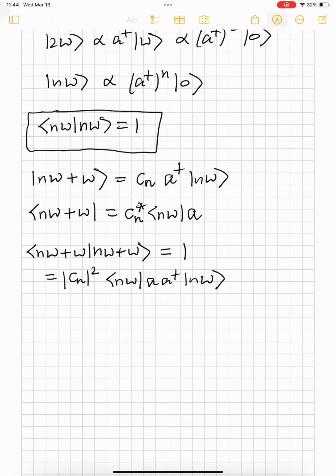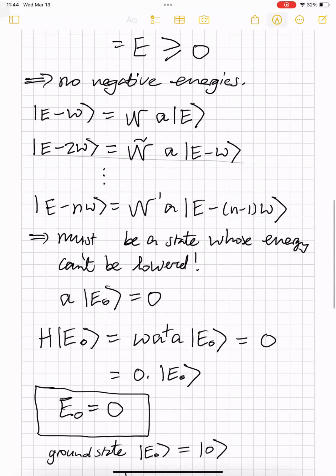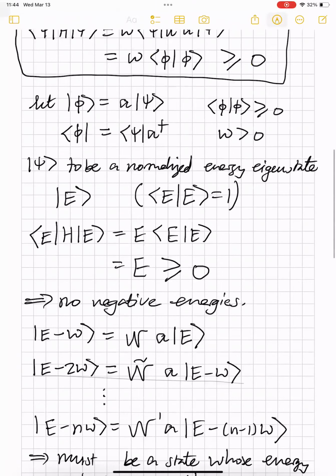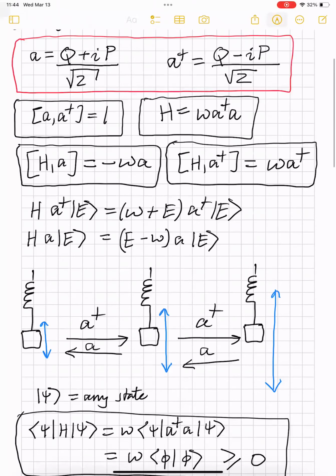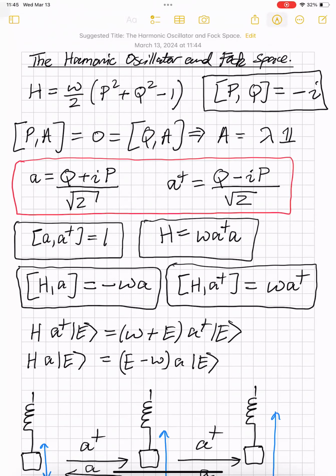So how can I evaluate it? Well, remember that the commutator of A and A dagger is equal to 1. Okay, so we've worked out that that commutator is 1.